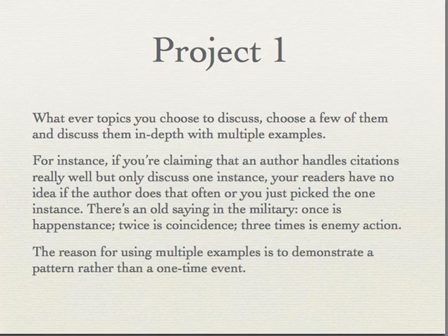So instead of just offering one example, offer multiple examples and discuss each of them. Or if you see a particular pattern, where they use some citations this way and some citations that way, point those out. The reason you do this is that multiple examples demonstrate that there is a pattern going on rather than a one-time event.